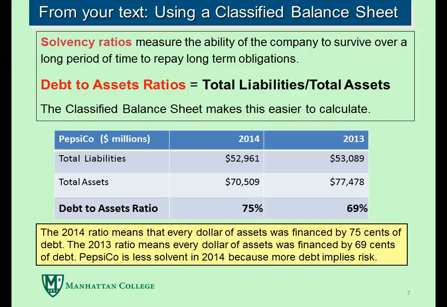If you have a higher amount of student loans and you are laid off from your job, you could get into financial trouble. So having more debt makes you less solvent because there's a chance you might not be able to make all your payments in a bad year. So PepsiCo was less solvent because it had more debt in 2014. For debt to total assets, lower is better.